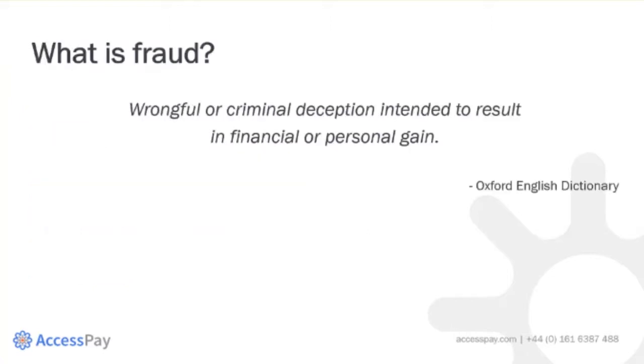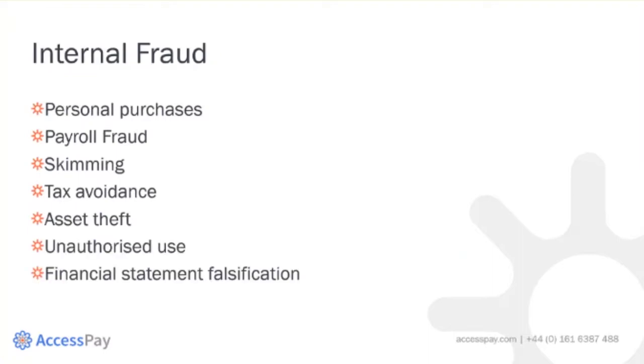So what is fraud? The Oxford English Dictionary defines fraud as wrongful or criminal deception intended to result in financial or personal gain. As an overview, we can split fraud broadly into two categories, internal and external. Internal fraud is committed by employees themselves. This includes things such as personal purchases, for example, approving their own expenses report or supplier invoices.